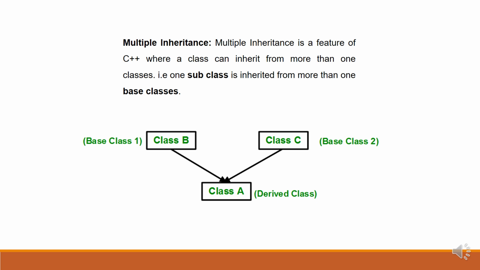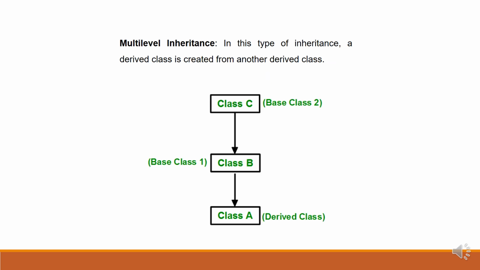Multiple inheritance is another type of inheritance that allows a class to inherit from more than one base class. As can be seen from the figure, class A is a derived class of two base classes, class B and class C. Multi-level inheritance allows a derived class to be created from another derived class.